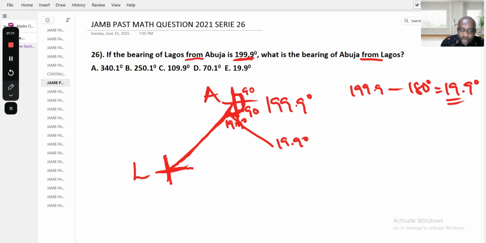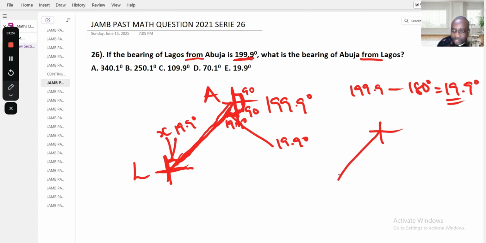And the question is asking us, what is the bearing from Lagos to Abuja? It means that this bearing is what the question is asking us. X, what is the bearing to Abuja? To Abuja like this. If we have 19.9 here, here will also be 19.9 degrees. It is called alternate angle. Let me draw it again because that place is not neat.